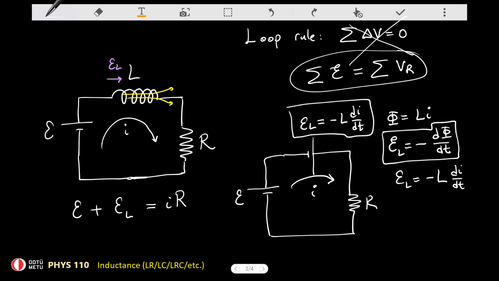I'm not going to ask stupid questions like which one is the real EMF. Well, all of them are real EMF actually, because on a battery, of course, the EMF is a result of some kind of chemical action. On the inductor, the EMF is produced by this time dependence of the magnetic field. Both of them are essentially mechanisms that give energy to the charge carriers. If you remember, we defined an EMF device as a device that gives energy to the charge carriers.